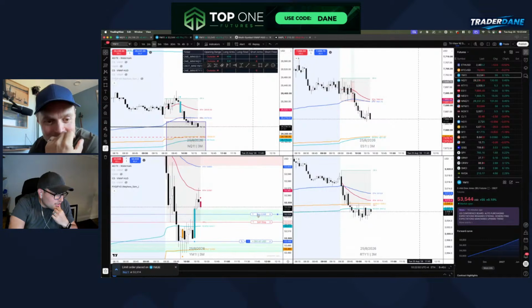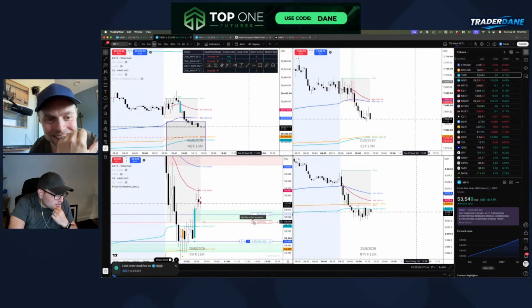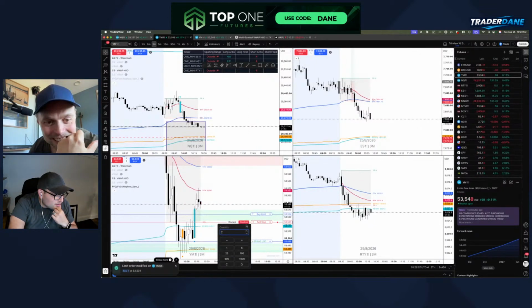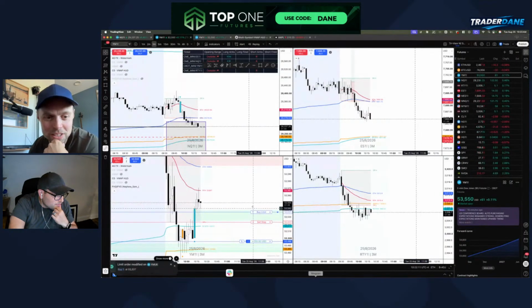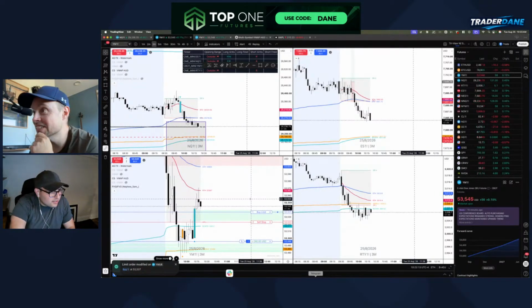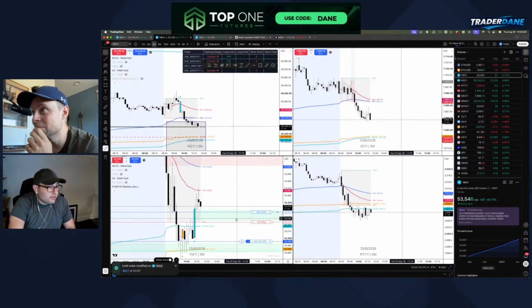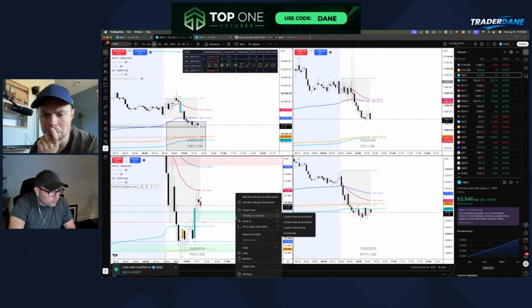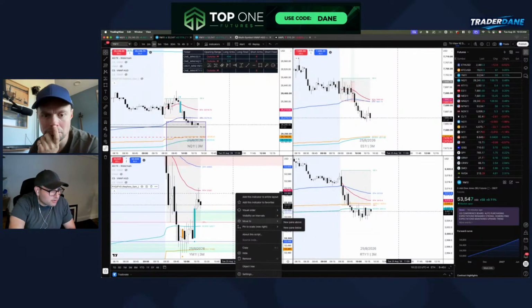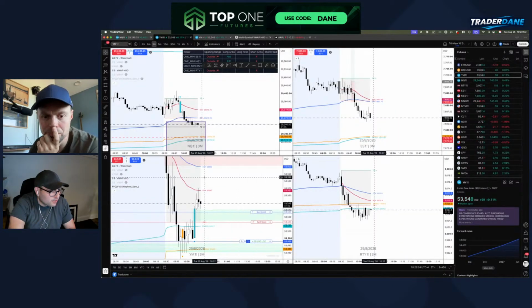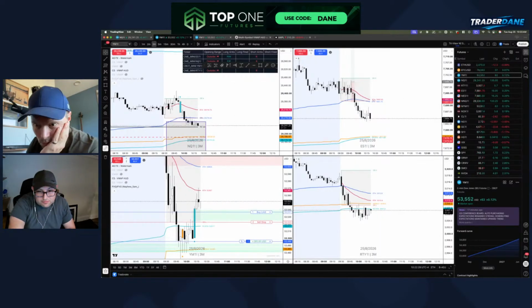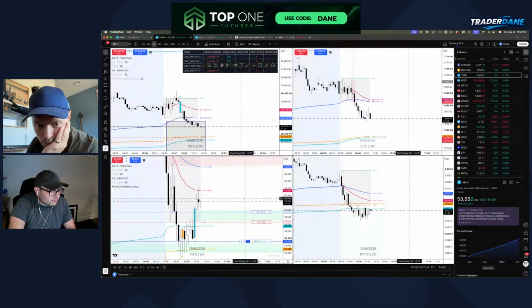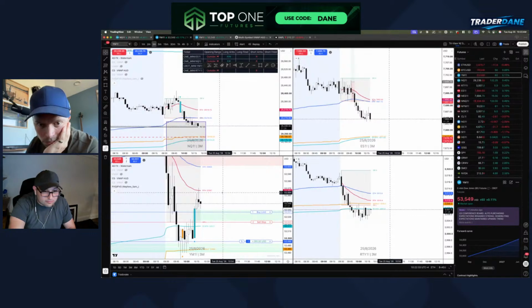No. Execution in TradingView is a bitch. It was because I was trying to put a limit order on an indicator. It doesn't let you do that. If you right click here, it just gives you the options for the indicator. If you right click in gift builds.